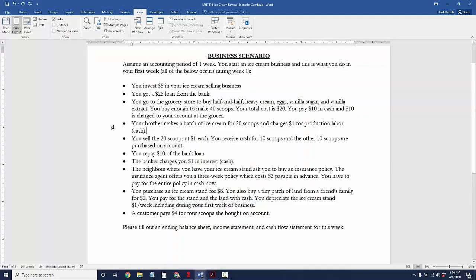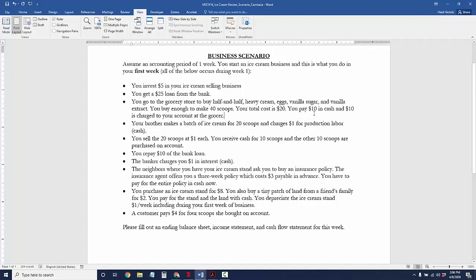Back to the business scenario. Our third transaction involves us going to the grocery store and paying for our ingredients. So you go to the grocery store and you buy half and half, heavy cream, eggs, vanilla sugar, and vanilla extract. And you buy enough to make 40 scoops of ice cream. Your total cost is $20.